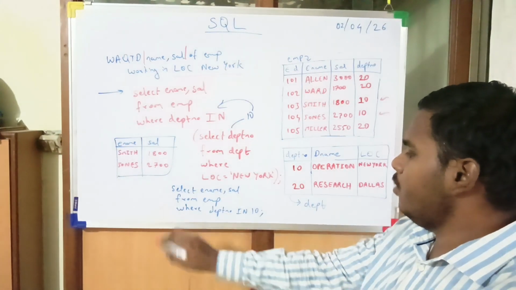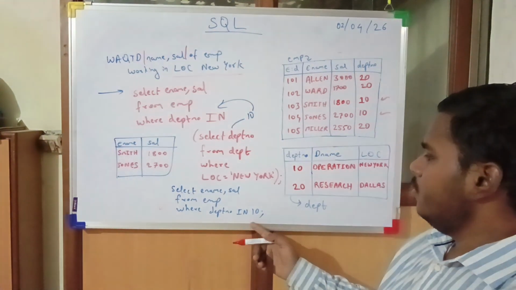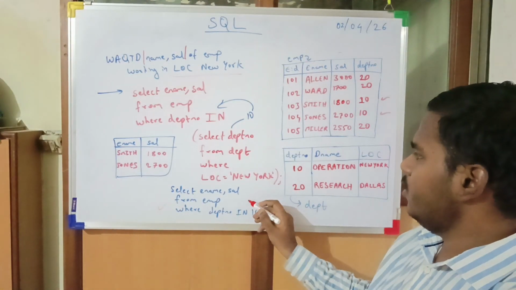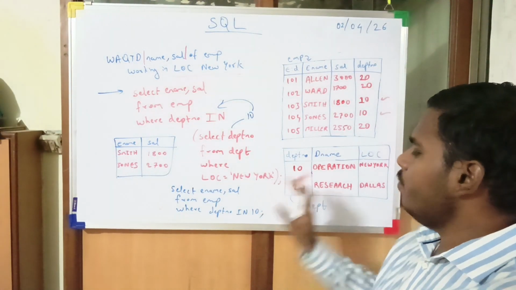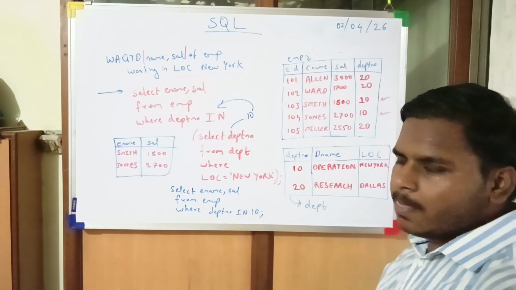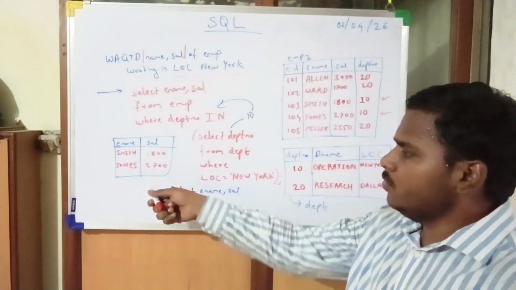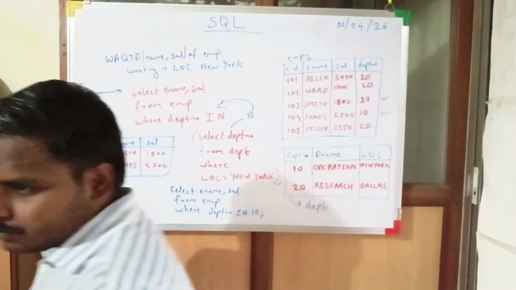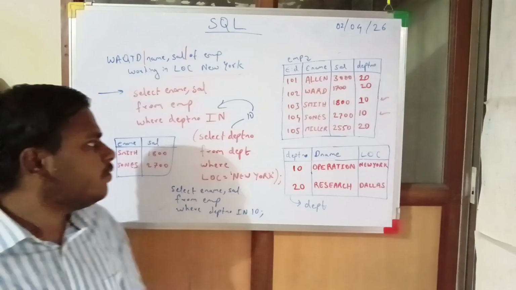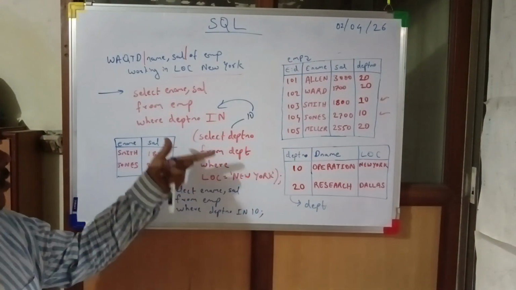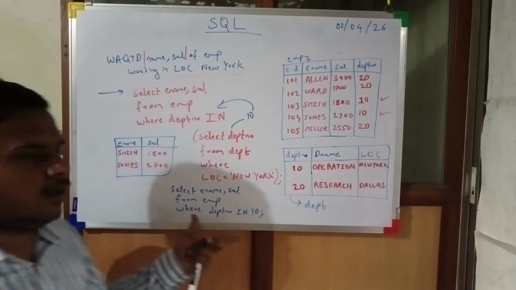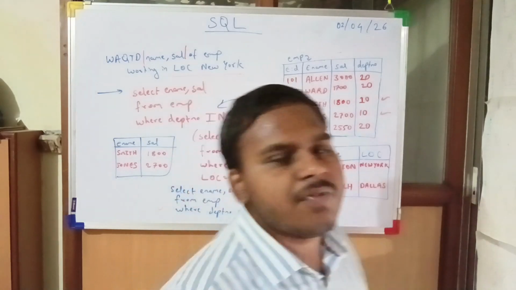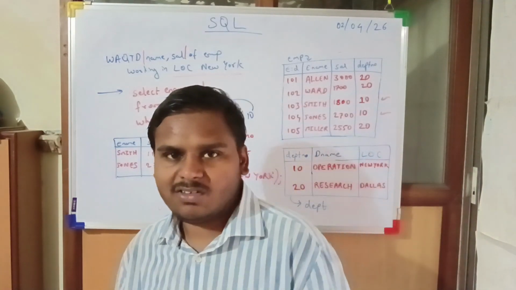So it will work like normal selection. You can see if we execute this query also, this subquery also, you will still get the same output: Smith, Jones. We will execute the subquery also, we will execute the normal selection concept also, to verify whether our concept and logic is correct or not.